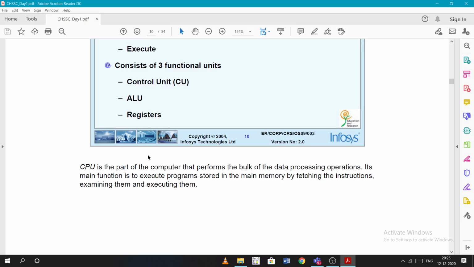Its main function is to execute programs stored in the main memory by fetching the instructions, examining them, and executing them.